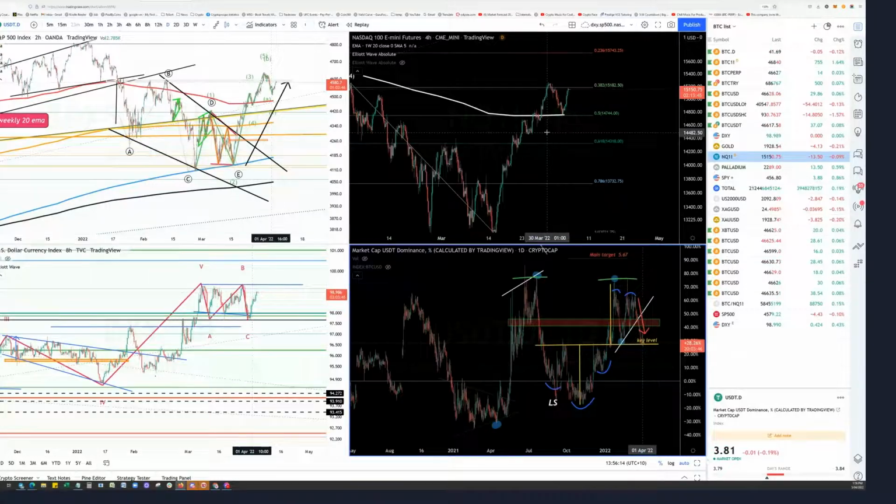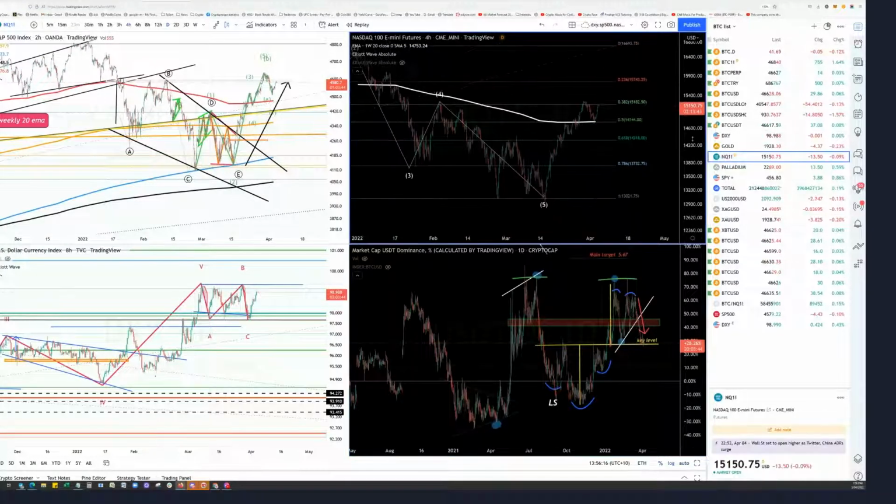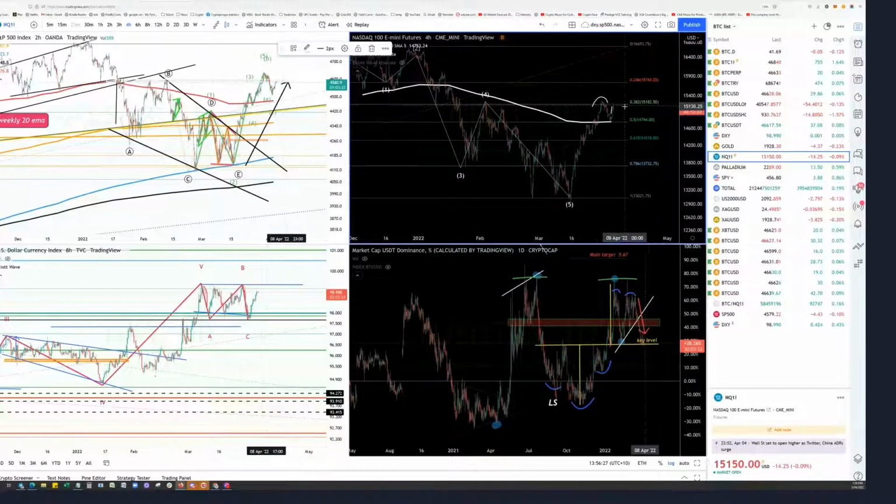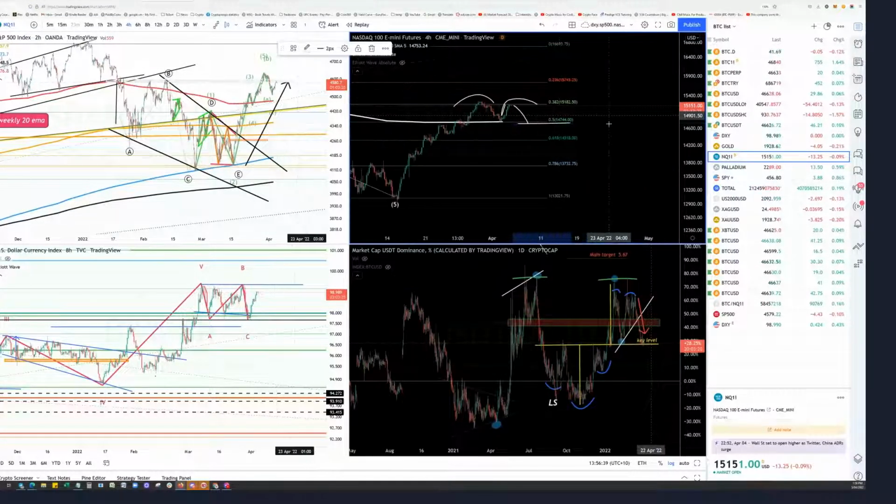Now the Nasdaq, if we look at the Nasdaq, there's confluence in there with the same as the S&P 500. What we don't want to see is a double top. So if we see a double top, then if we come down, I think Bitcoin will also drop as well. Let's put the daily on.